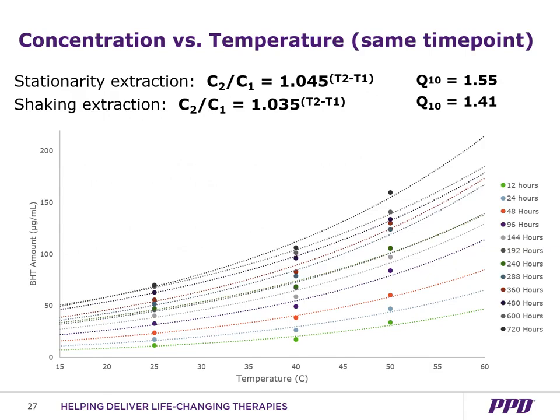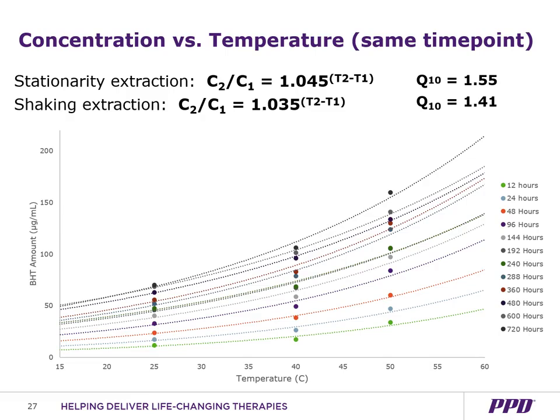From the data, we were also able to develop a concentration projection model related to temperature for both shaking and stationary results. In this plot, we have a summary of the shaking results, where we have the BHT concentration plotted against the extraction temperature for a given time interval.